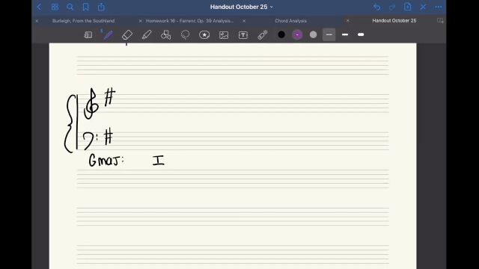So G major, 1 chord, built off of scale degree 1, which is, of course, G. So I'm going to go in on the left-hand margin, and I'm just going to sketch myself. There's G, and I'm going to stack the other 2 pitches on top. So I need a G and a B and a D.